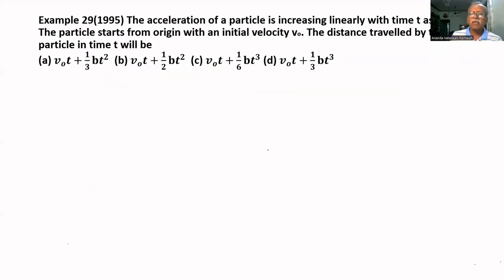The acceleration of a particle is increasing linearly with the time t as bt. What is given? Acceleration equals bt, linearly increasing with time. We didn't get any equation, but by the wording he gave, the acceleration of the particle is increasing linearly with the time as bt.